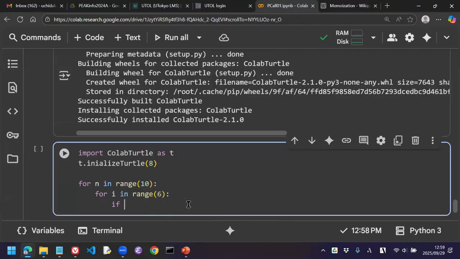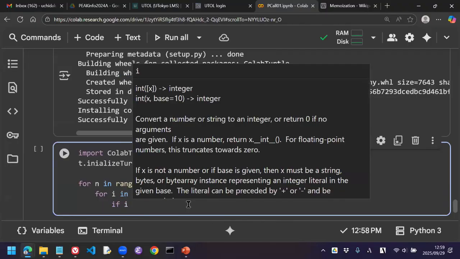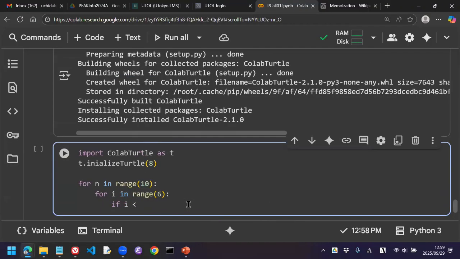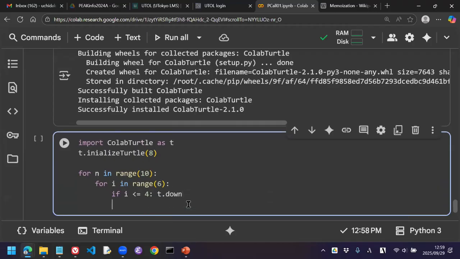So if i is smaller than or equal to 4, the pen should be down. Else, the pen should be up. Okay?